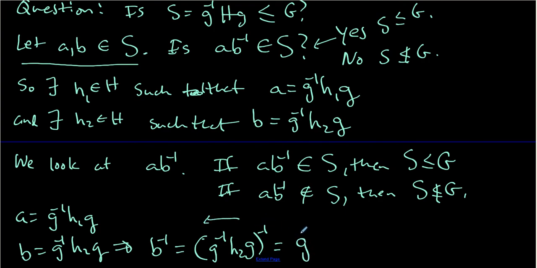So we're going to get G inverse H2 inverse times G inverse's inverse. And of course, G inverse's inverse is just G. So we have G inverse times H2 inverse times G. That's what B inverse is.